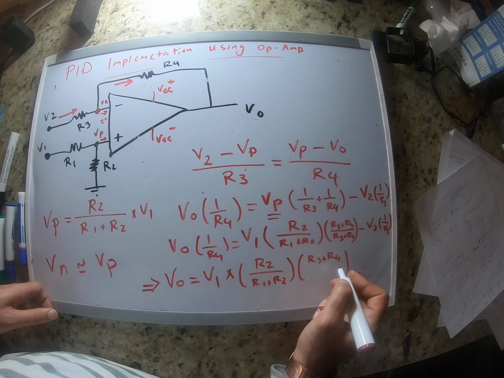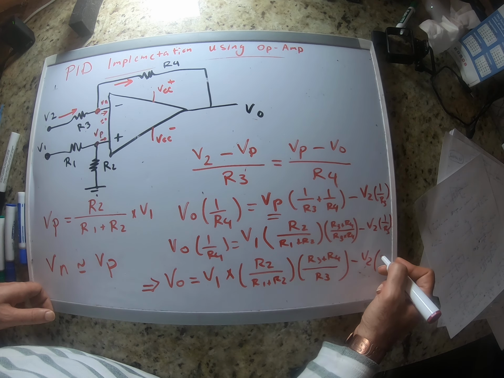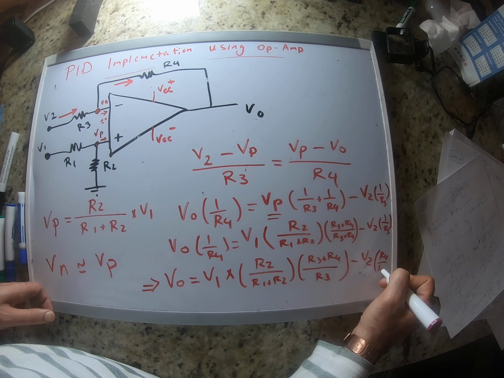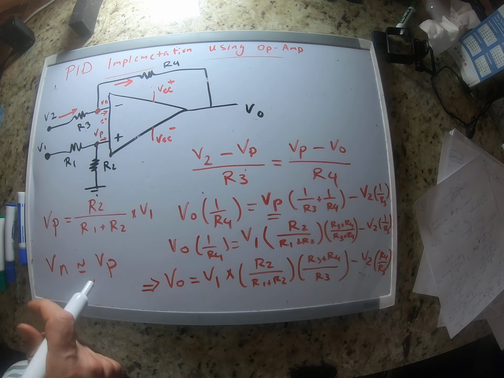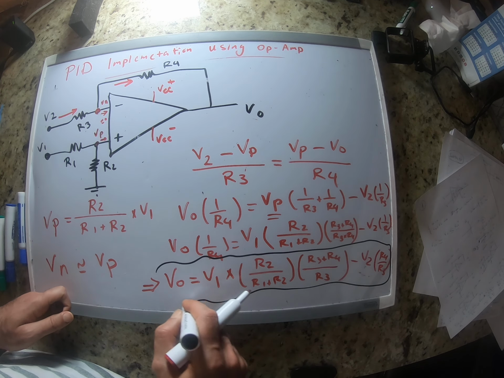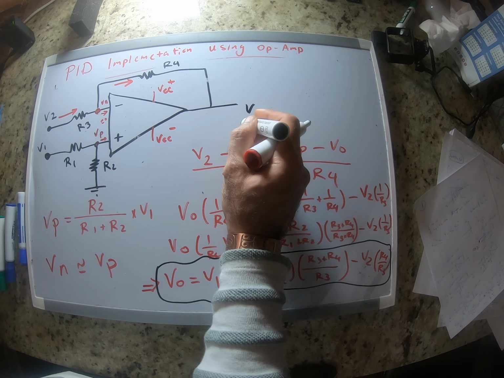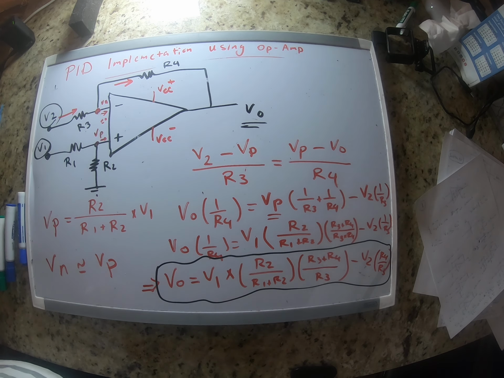These R4s are going to cancel, so R3 minus V2 times R4 divided by R3. Okay, so this is how our output voltage is related to our input voltages.